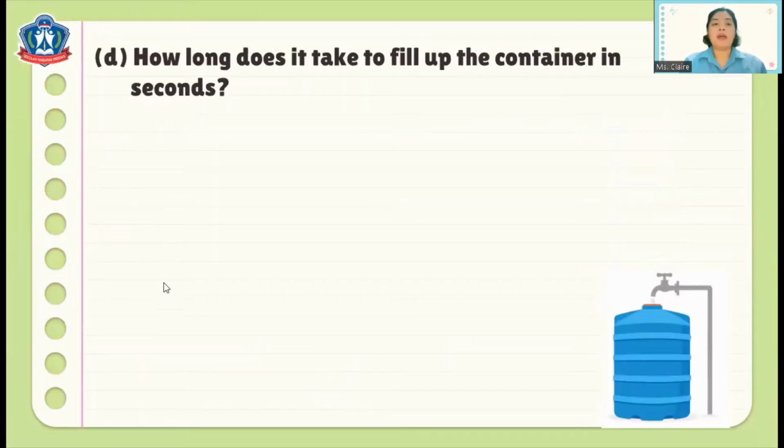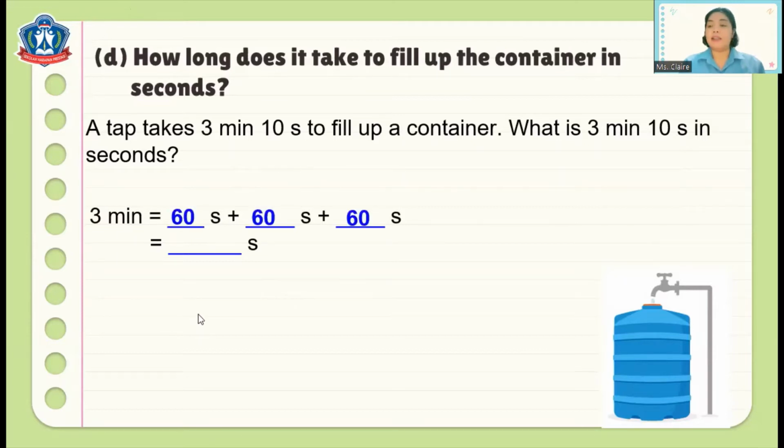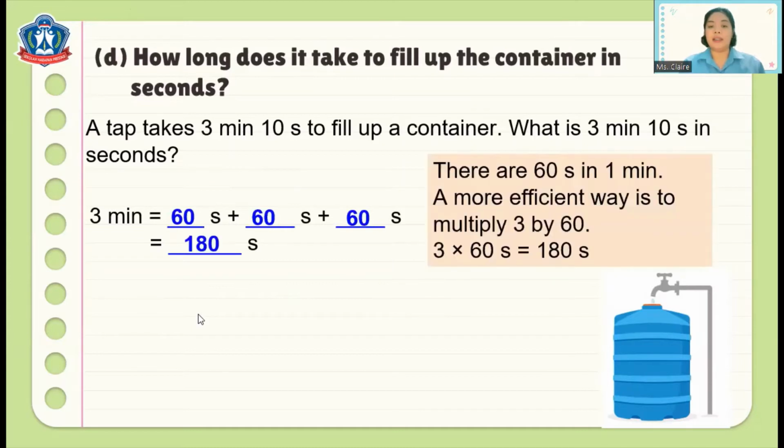Another: how long does it take to fill up the container in seconds? A tap takes 3 minutes 10 seconds to fill up a container. What is 3 minutes 10 seconds in seconds? Remember, 1 minute is 60 seconds. So we have 60 seconds plus 60 plus 60, and that is equal to 180.